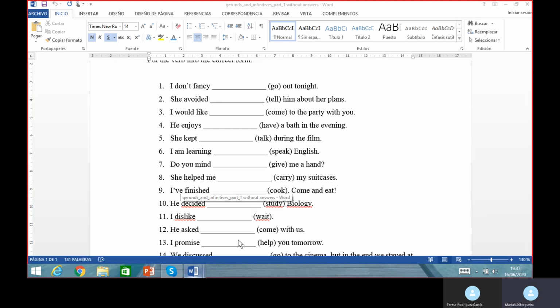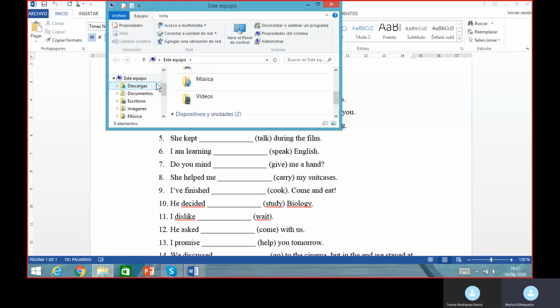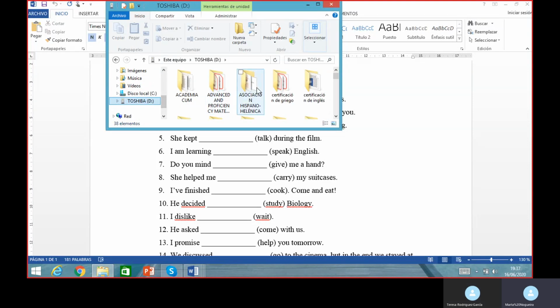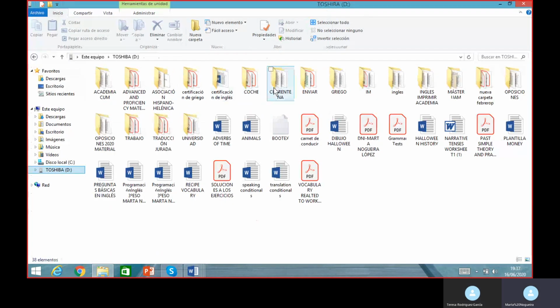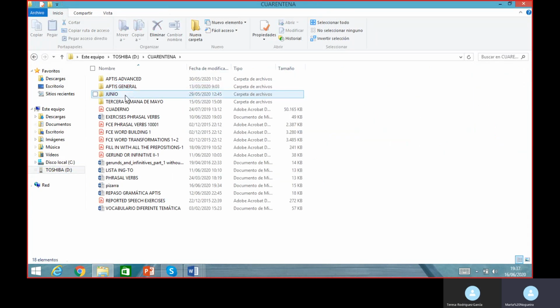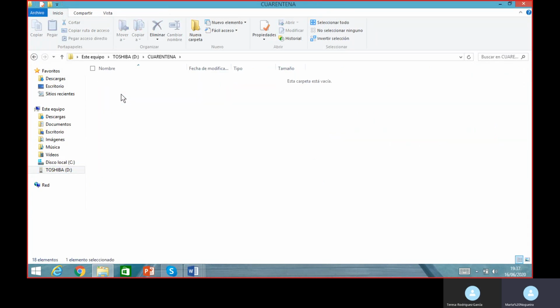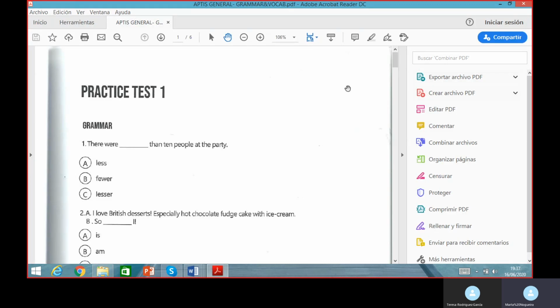This is important also because, oh wait, I'm giving you a spoiler. This is in the exam. I'm going to show you. This was in one exam that we've already practiced. Let me see. Yes, here it is.